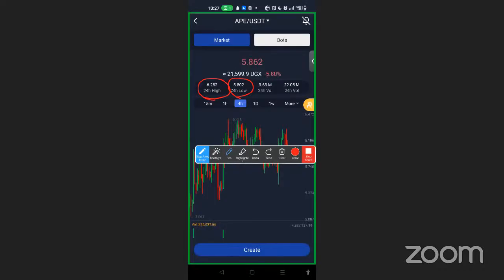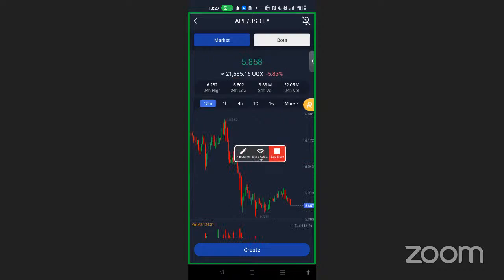We have the 24-hour high, the 24-hour low, and the volume. So you can decide to pick the 24-hour low, this one, depending on the time frame you have decided to use. This one down here as your preset price.